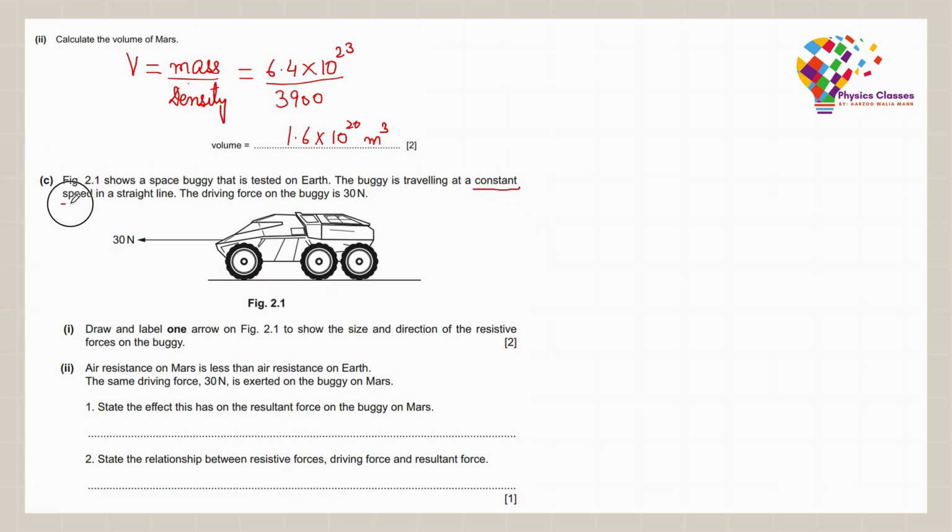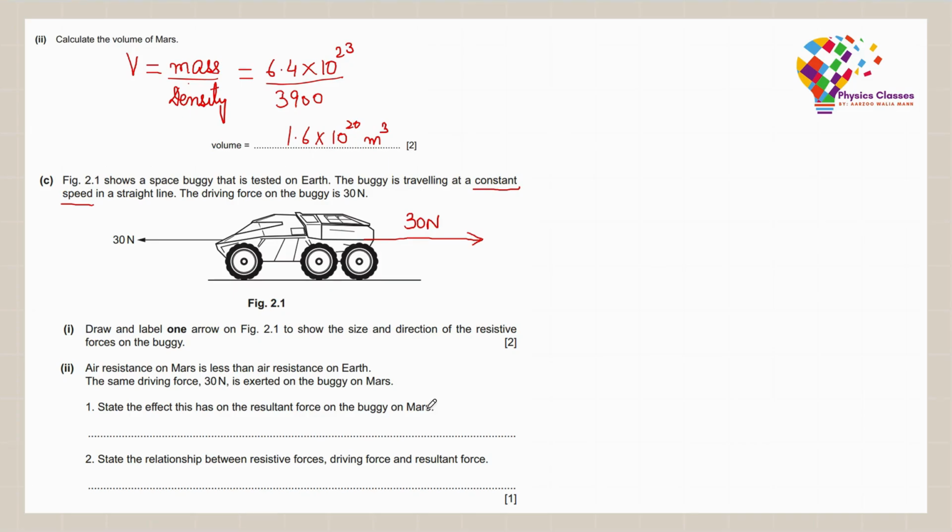Further, for C part, it says figure 2.1 shows a space buggy which is tested on Earth. The buggy is traveling at a constant speed in a straight line and the driving force on the buggy is 30 newtons. Draw and label one arrow on this figure to show the size and direction of the resistive force on the buggy. So they said that it is moving with a constant speed.